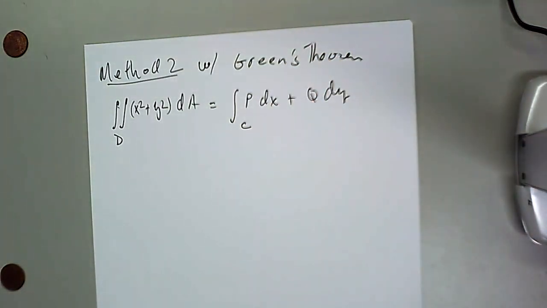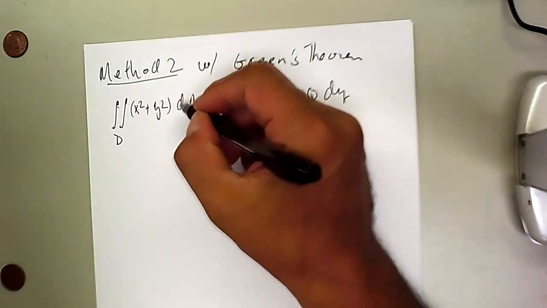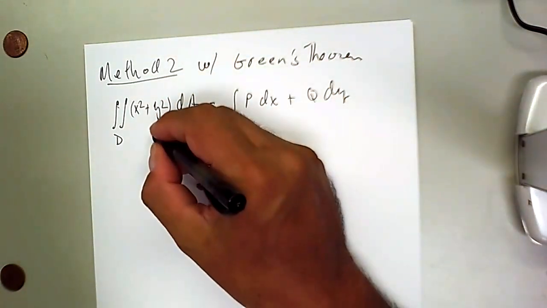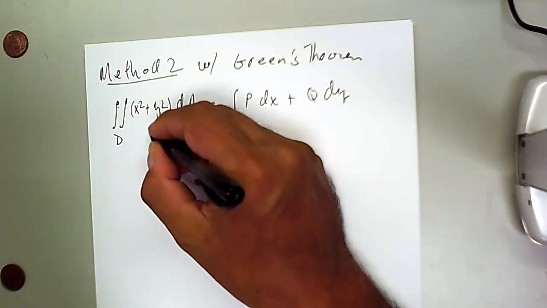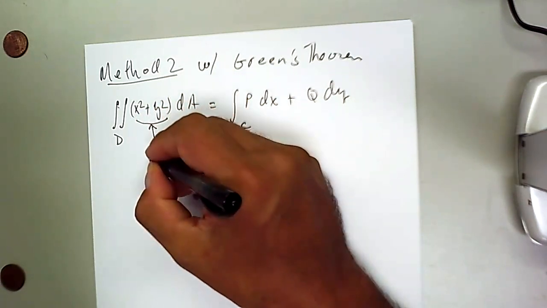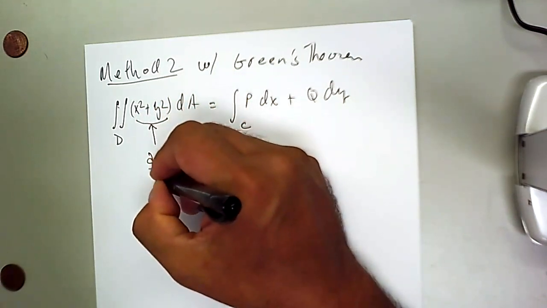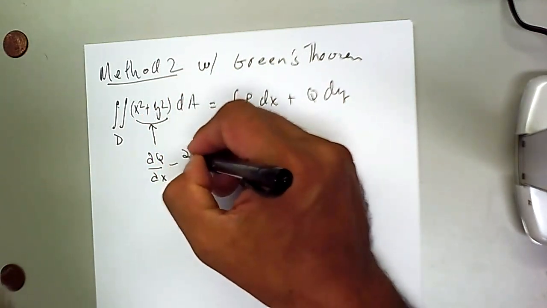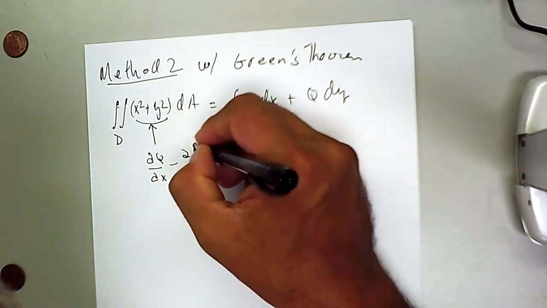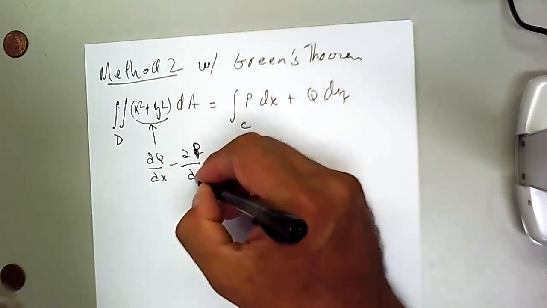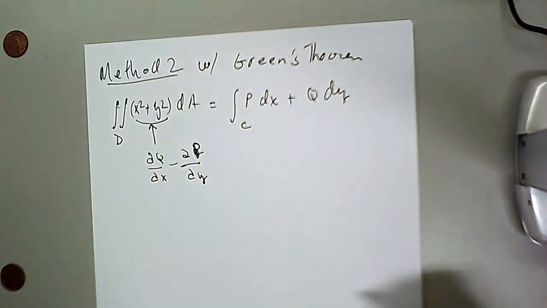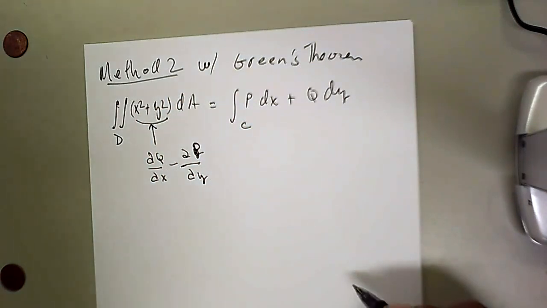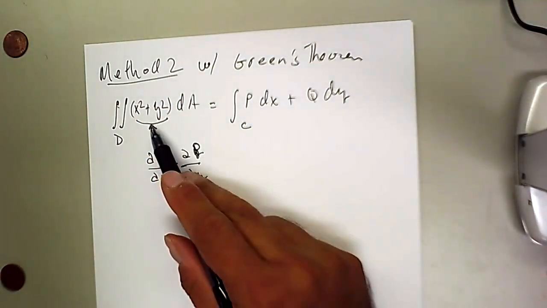Okay, and remember, using Green's theorem assumes that this whole thing is the partial of Q with respect to x minus the partial of P with respect to y. So I need to find a P and a Q that give us this.